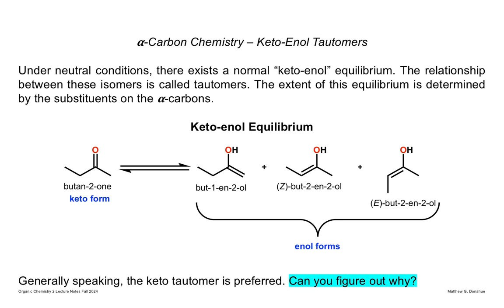So that's in the presence of an external base, but anything with a carbonyl will have a natural equilibrium to it under neutral conditions. And so that equilibrium is called the keto-enol equilibrium. If you're starting with an ester, I think it's still called keto, even though that brings the word ketone into your mind.